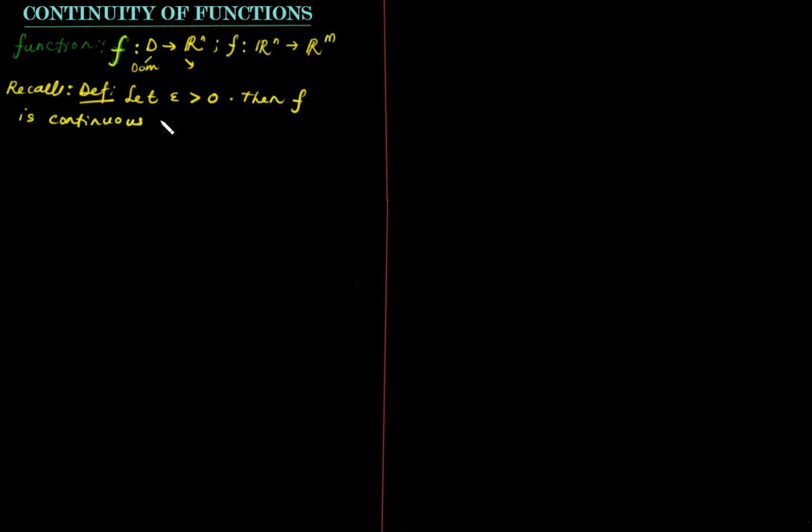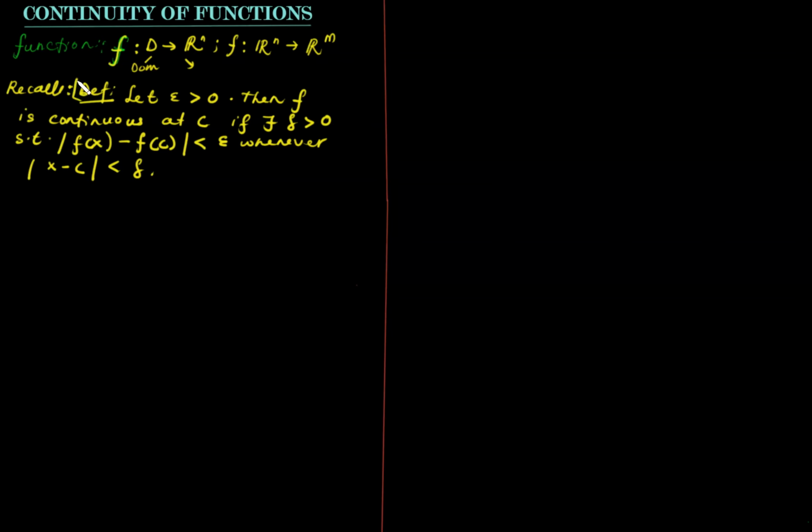In this case, we're going to say continuous at a particular point. So I'll say continuous at c if there exists a real number delta greater than 0 such that the absolute value of the function itself, f of x, minus the value at that point, f of c, is less than the given epsilon whenever the absolute value of x minus c, that's the point, is less than delta.